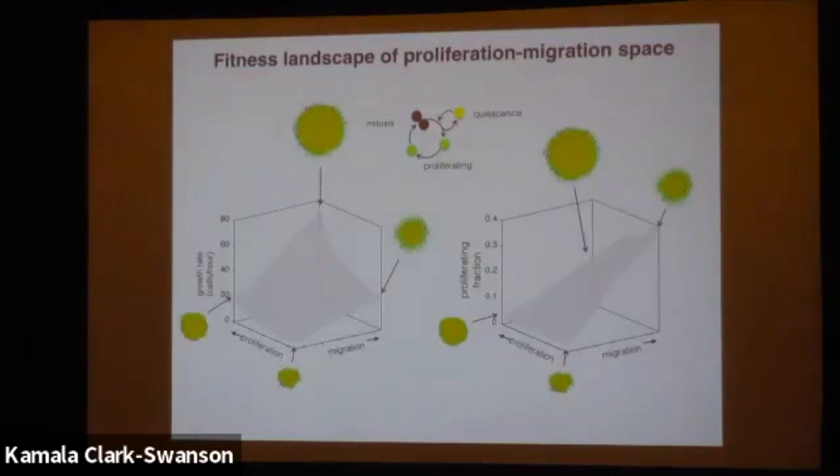If you look at the plot on the right, I'm showing the proliferating fraction, and you can see these green versus yellow cells, and there's a lot more green in the one at the top right. That's just showing that there are two different ways to get to the same growth rate. You can have a lot of cells proliferating at a slower rate, or fewer cells proliferating at a faster rate.